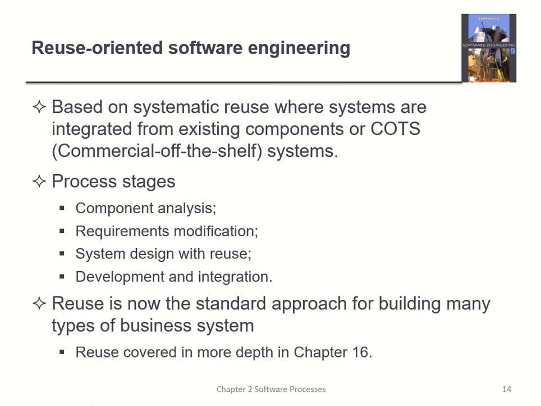The processes with this model are component analysis, requirement modification, system design with reuse, development, and integration. Reuse is now the standard approach for building many types of business systems.